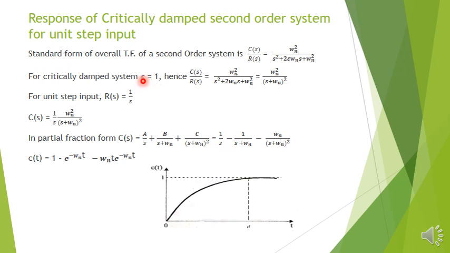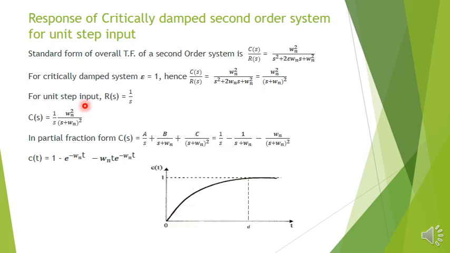So if I substitute zeta equal to 1 in this expression, we will get C of s by R of s equal to omega n square divided by s square plus 2 omega n s plus omega n square, which is equal to omega n square divided by s plus omega n whole square.